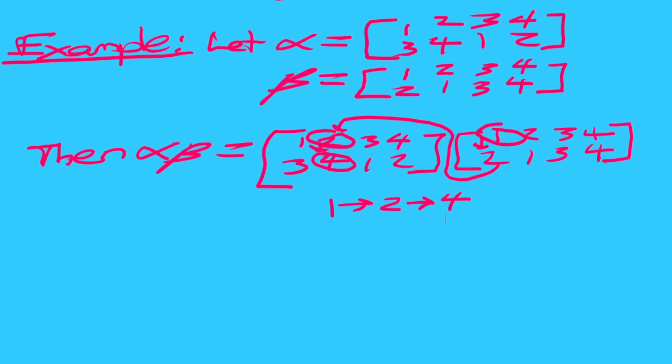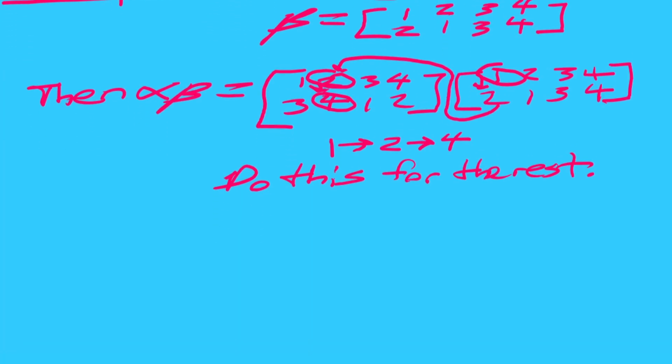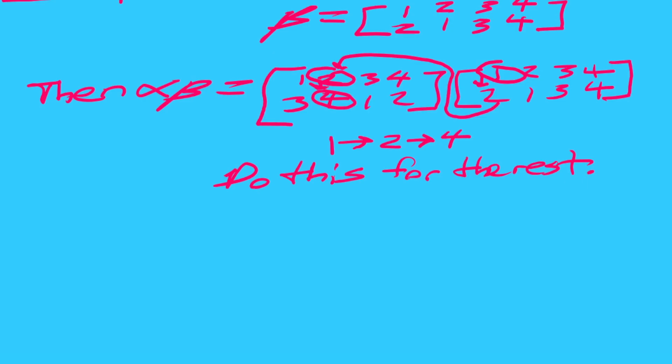And you can do this for the rest, and then you will find that alpha beta is this array. 1 goes to 4, 2 goes to 3, 3 goes to 1, and 4 goes to 2.